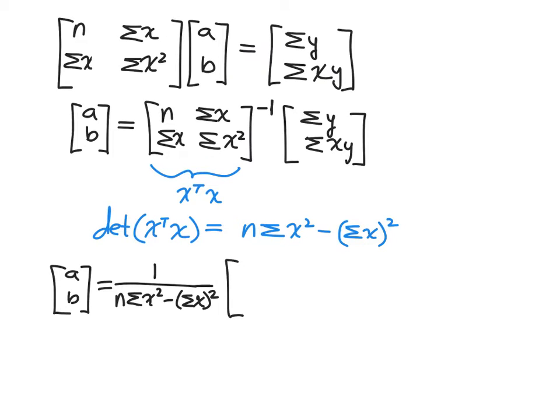All right, so the shortcut for finding the inverse is swap the downward diagonals. Let me highlight those. And negate the upward diagonals.